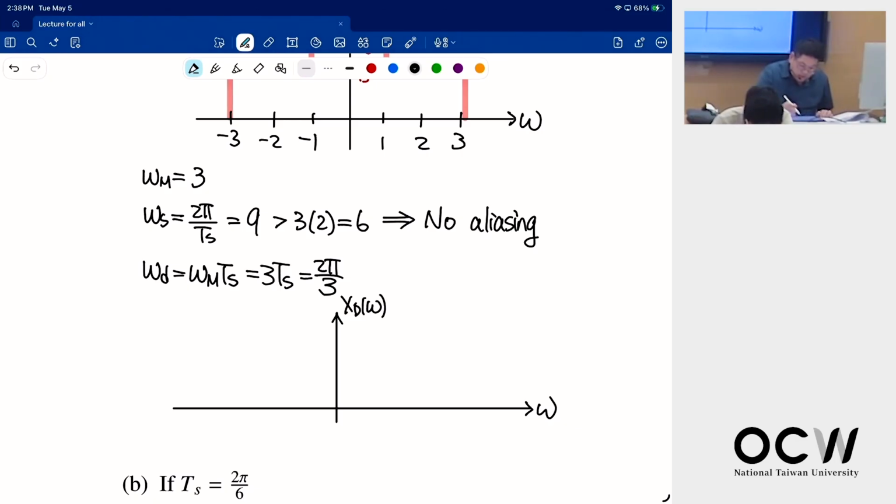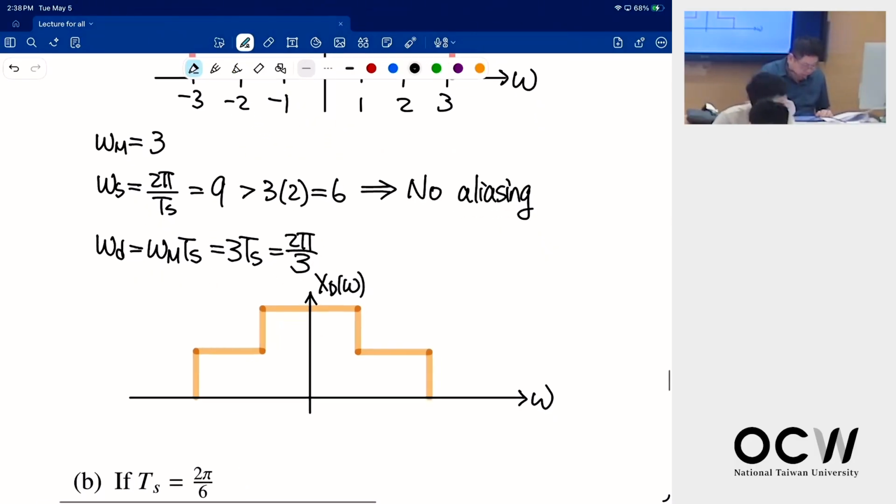So the figure should be still the same. Okay, but we only plot it from minus π to π. Suppose this is π and this is minus π.